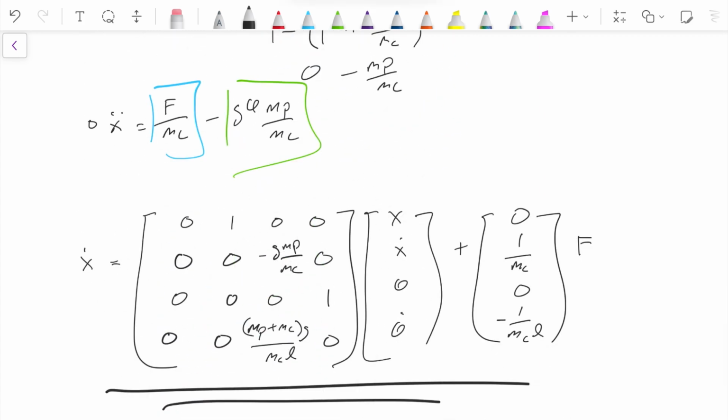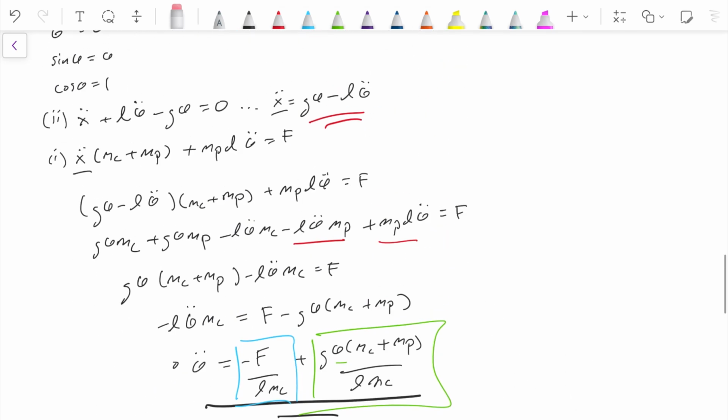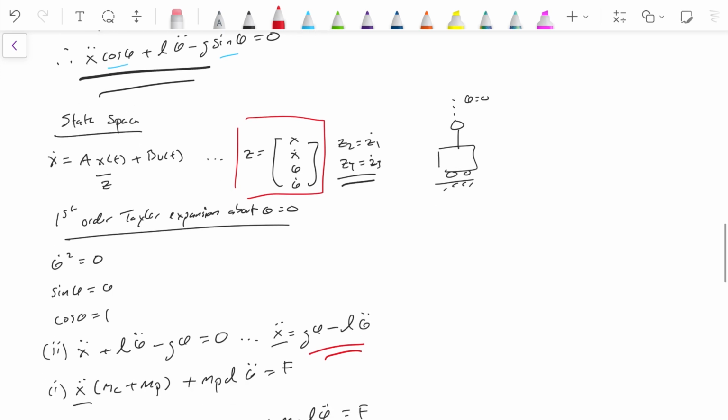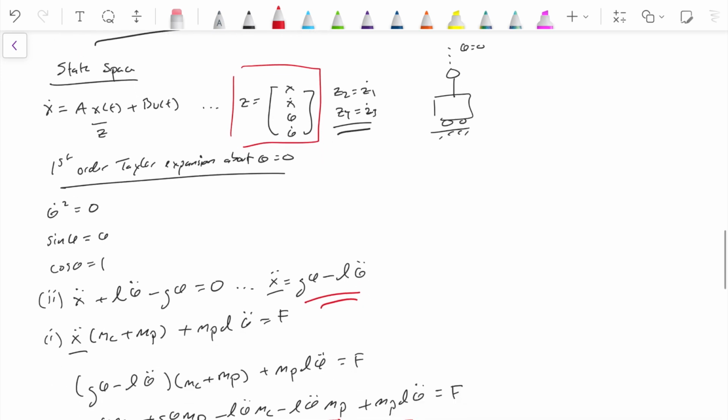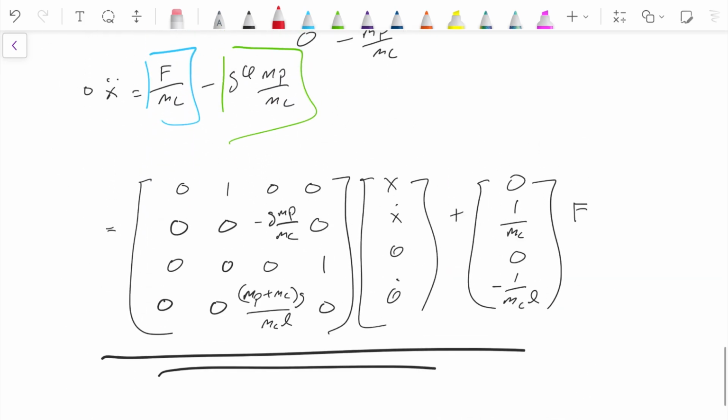Sorry, I was actually a little cavalier here because the x dot on the left-hand side is kind of muddying the waters a little bit with the intention of z here. So let's just make this clear. This z is the state space that we're trying to use. Those are our state variables. So I've enumerated x dot, theta dot here.